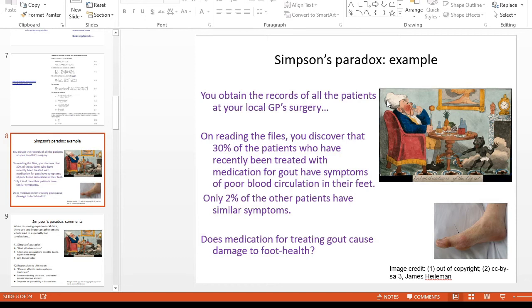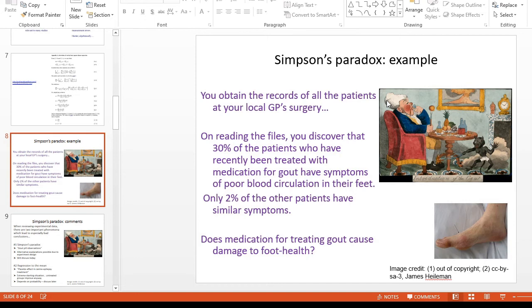Imagine that you go to your local doctor, your general practitioner or GP, and you persuade the doctor somehow to hand over all of his patients' files, and you, for the good of science, rummage through the files for your general amusement.